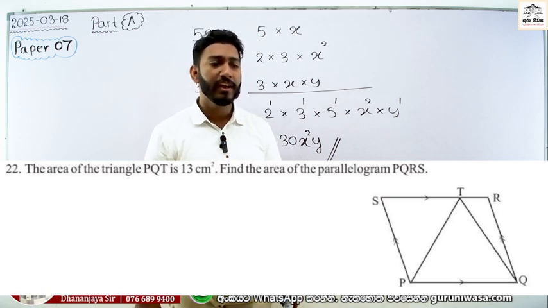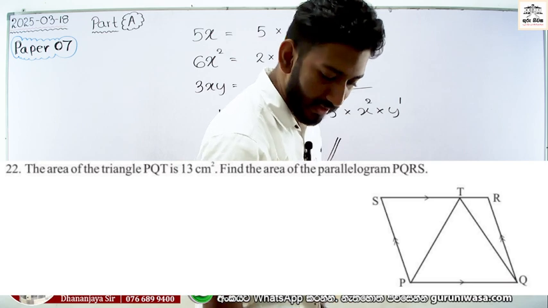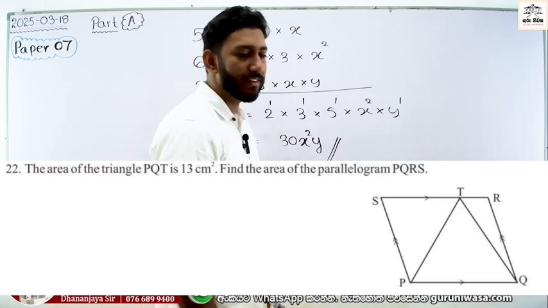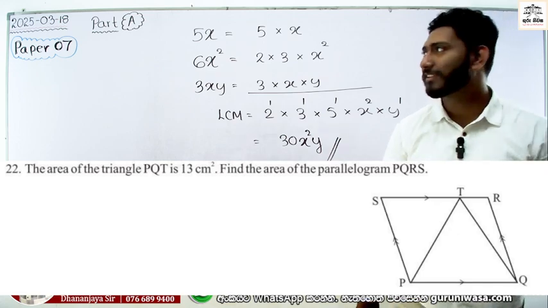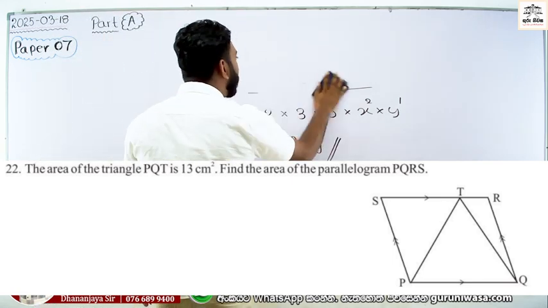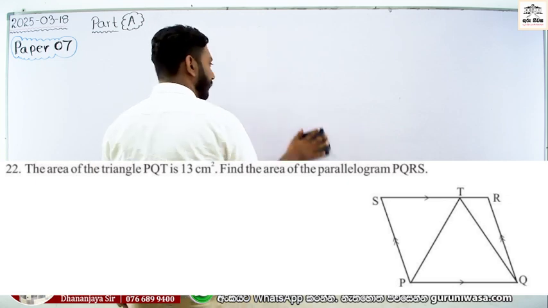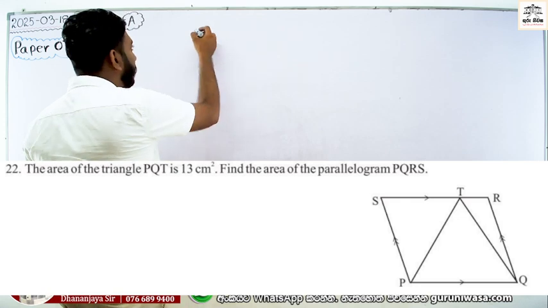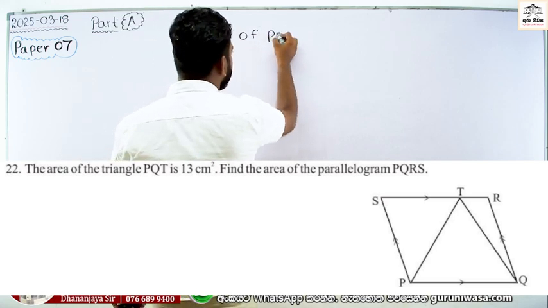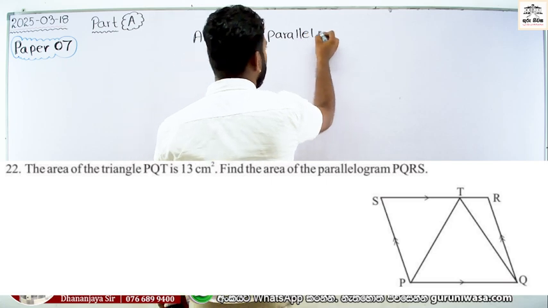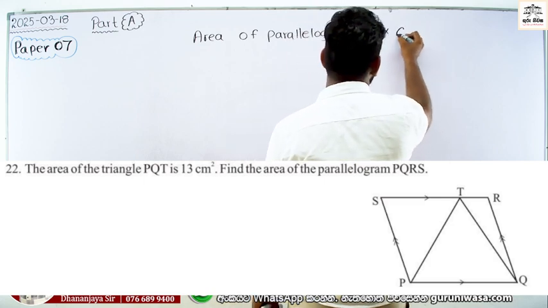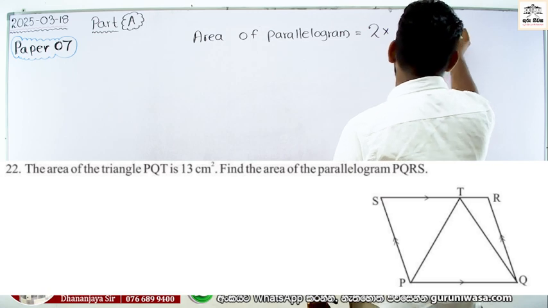Now look at this. The area of the triangle PQT is 30. Find the area of the parallelogram. Look at that. Same base and same height. Therefore, what's the theorem? The area of the parallelogram is equal to 2 times the area of the triangle.